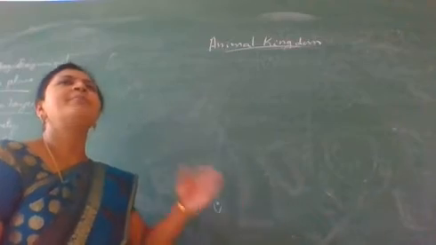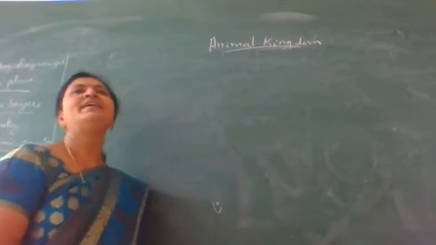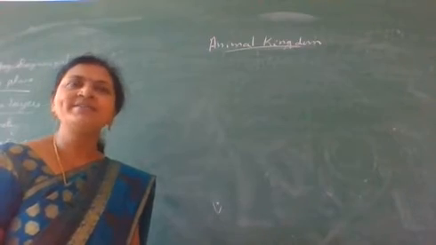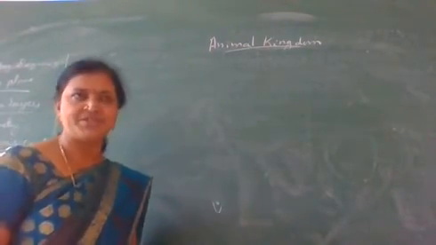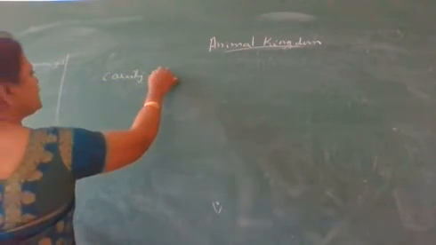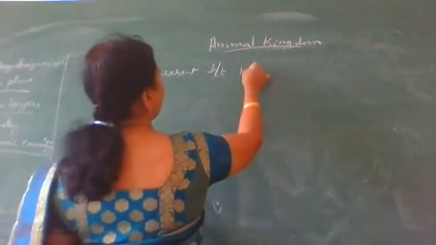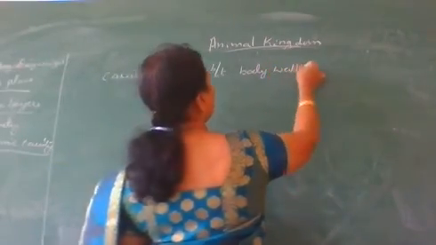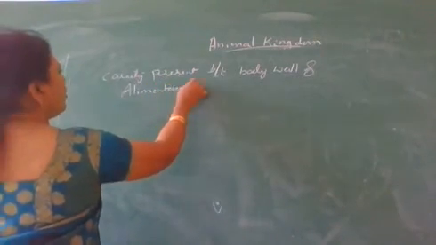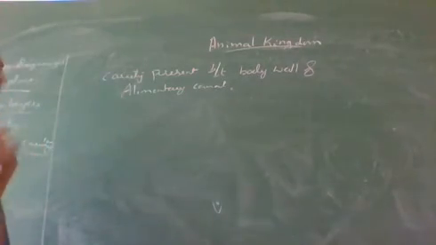The body cavity present between the body wall and the digestive tract, or alimentary canal, is called the coelomic cavity.